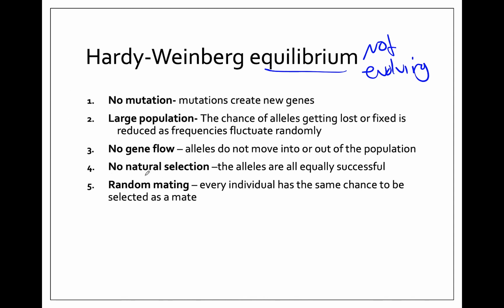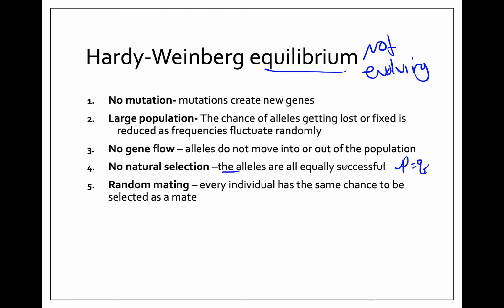Natural selection, so no natural selection. What this means is that all of the alleles are equally successful. So the P and the Q alleles are both going to be the same amount of adaptive. Neither one is going to be selected for over the other. And then random mating.